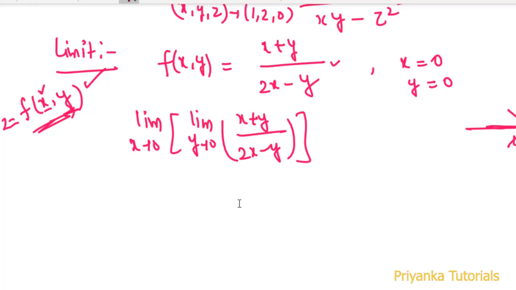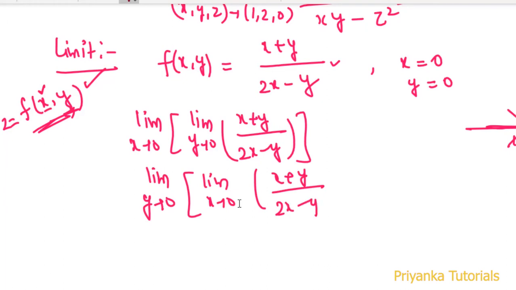If I am working with respect to one variable, the rest I need to put constant. As I cannot put x and y as 0 simultaneously in this function, one by one. As I have written it here, I will write it like this also. This value also I will calculate.